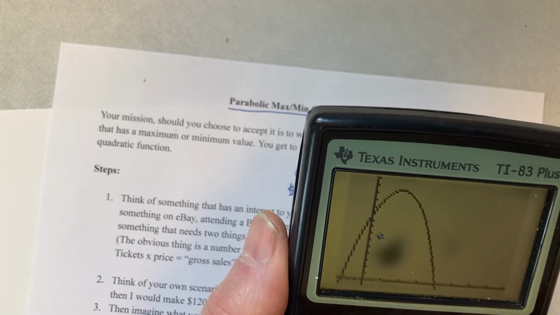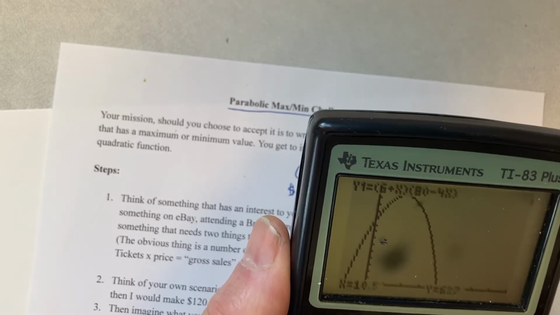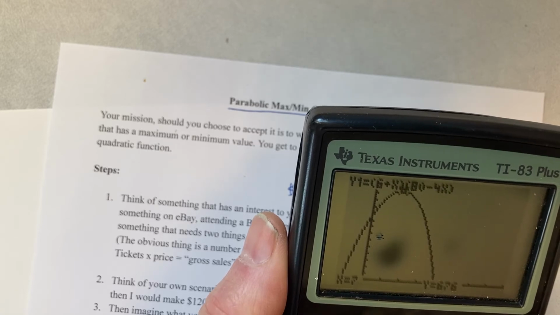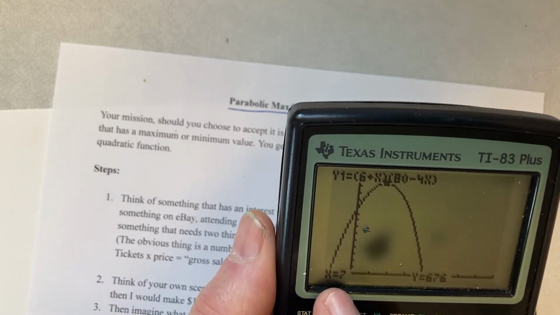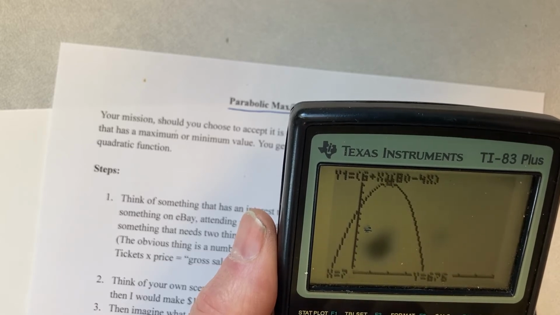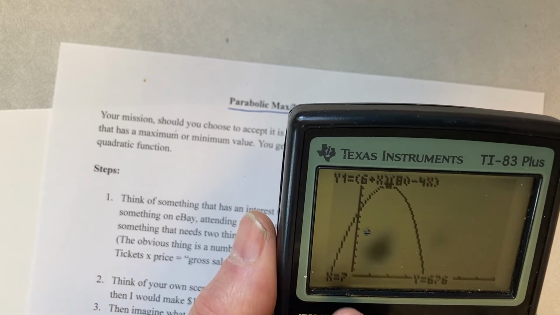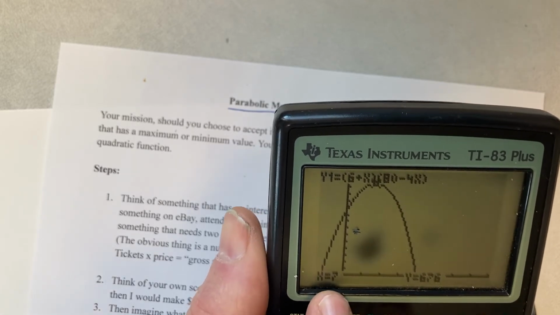If I just go to trace, I can just trace up and find that. And I can just look at my X and my Y values, and it looks like when I'm at around 7, 675, 676, 675. So it looks like my maximum is going to be around $7.